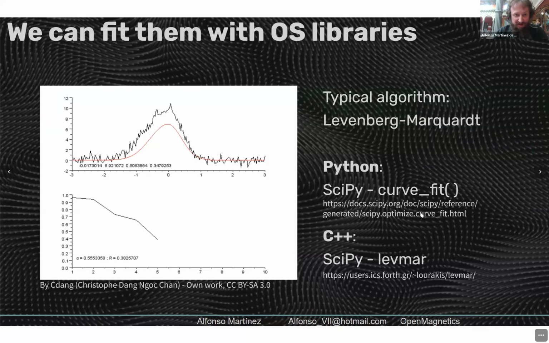How? Well, at the end, this is just simple, not math, but programming. There's a bunch of libraries that you can use. Typically, all of them use the Levenberg-Marquardt algorithm. For Python, you can use SciPy's curve_fit function. For C++ or C, you can use a Levenberg-Marquardt library.